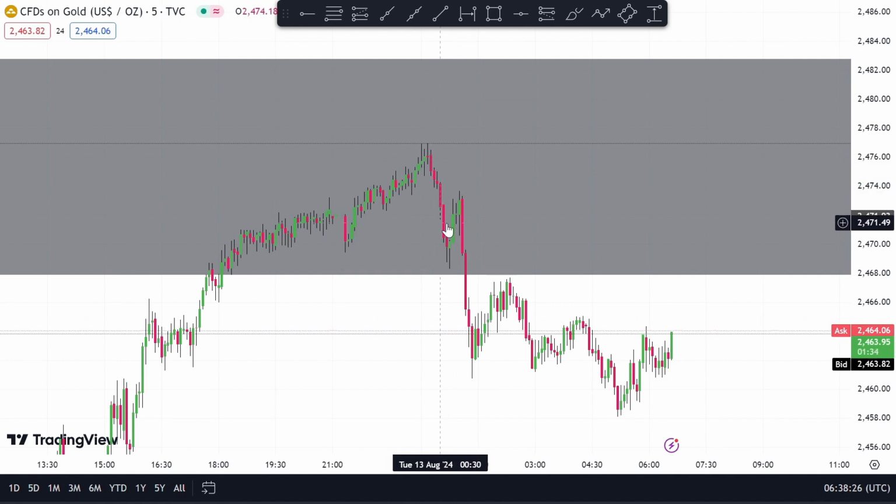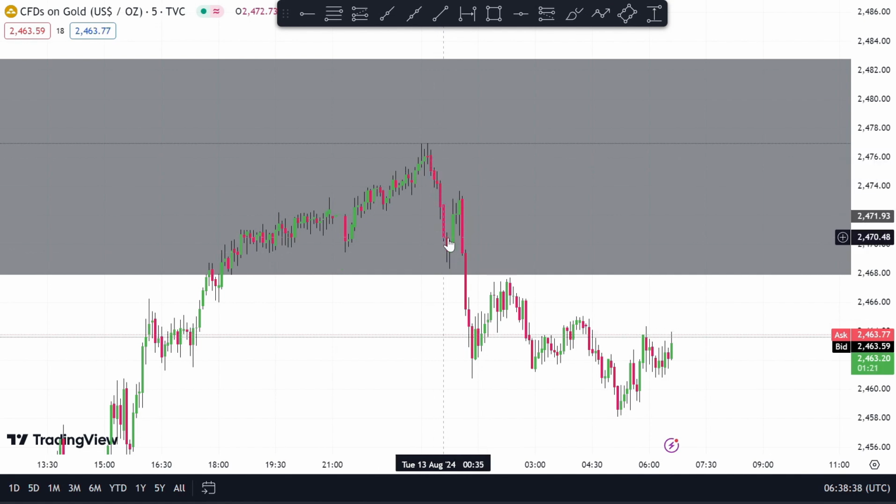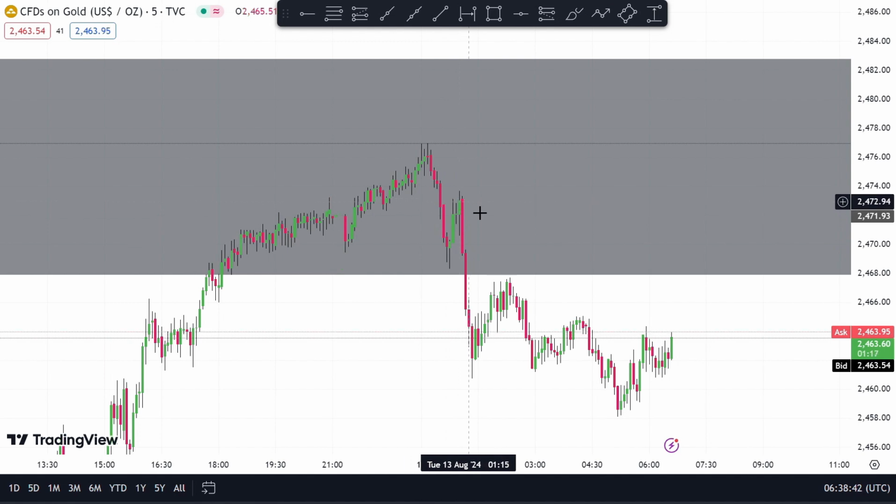So now what are we doing? There's a supply zone at this point, pushing price. Alright, supply entered into the market at this point, pushing price down to this low here, and also a supply zone here.